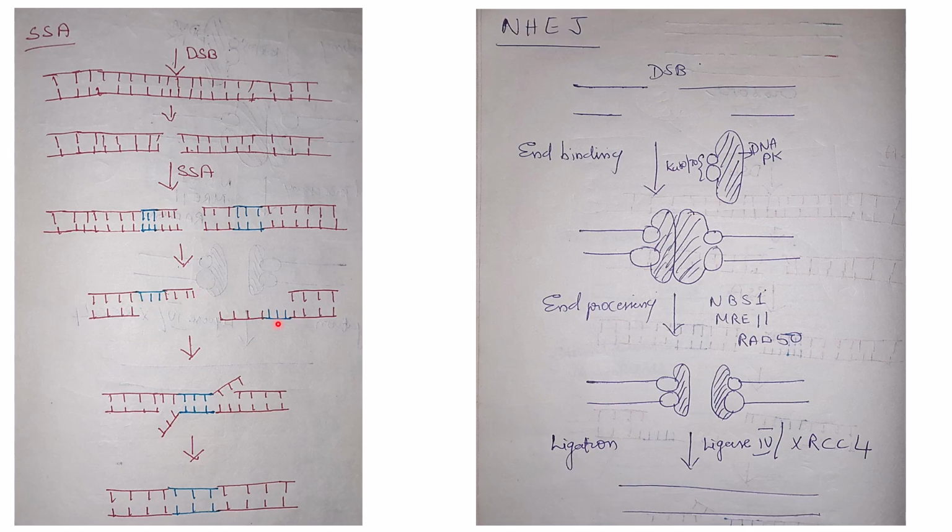Now these two homologous regions, one over here and the other over here, will come together, and as a result, the red ones will be displaced or removed, and these two will form complementary base pairs.